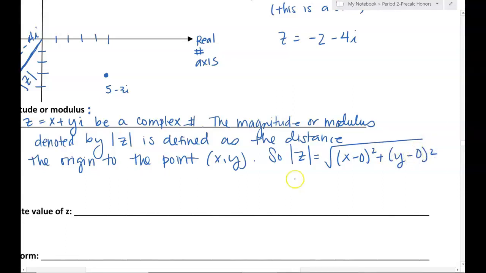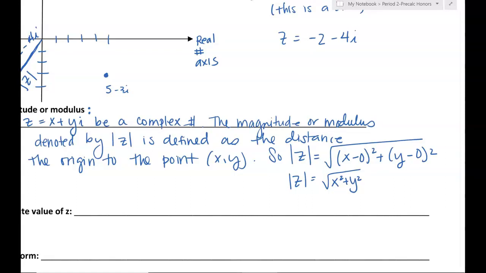Now, to simplify this further, would you agree then the absolute value of z, which is the distance, is simply the square root of x squared plus y squared if we have the point from the origin? Well, have we not seen this formula somewhere? The square root of x squared plus y squared.